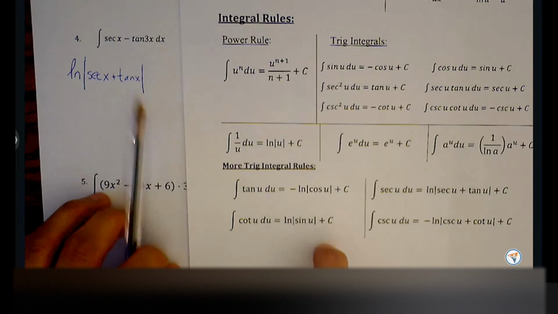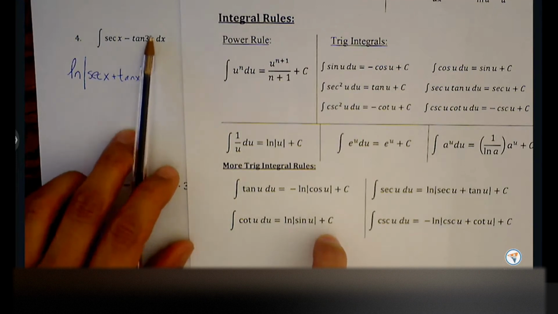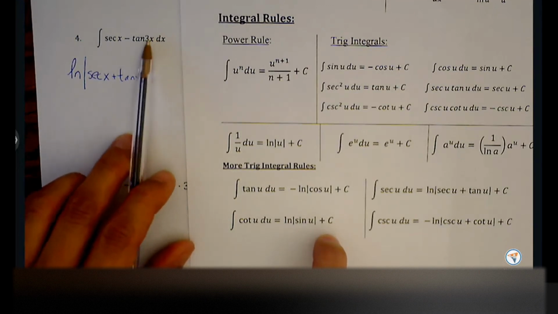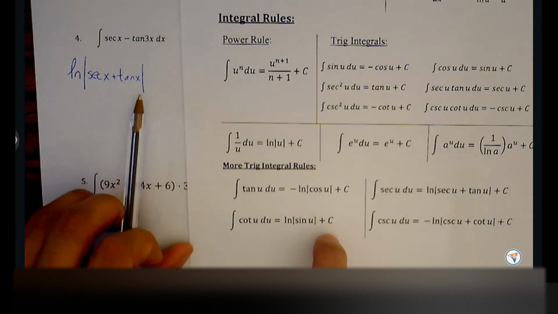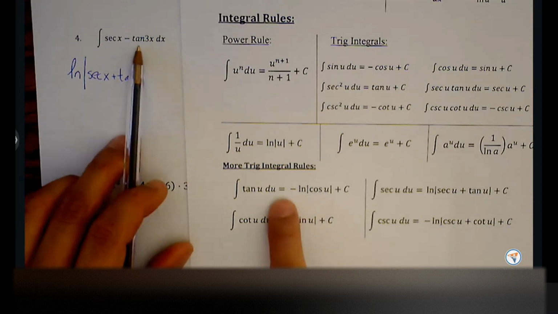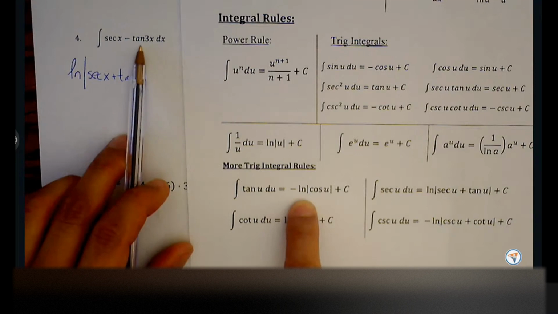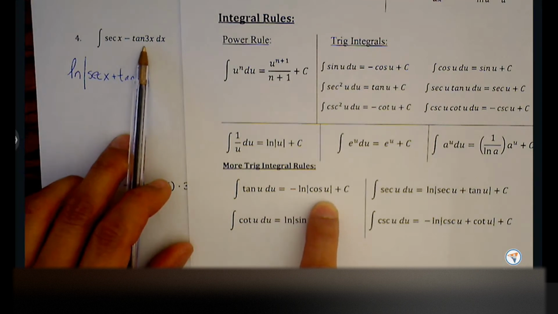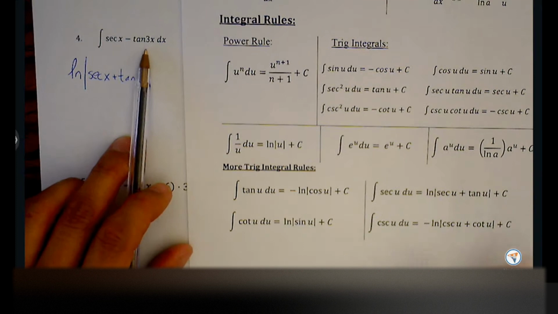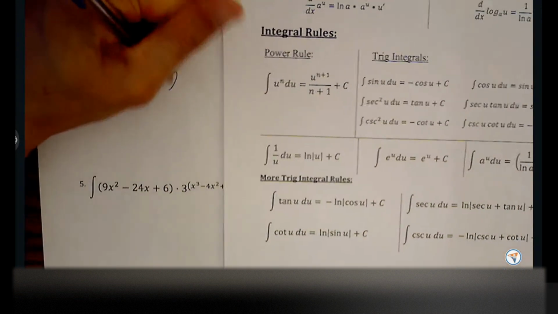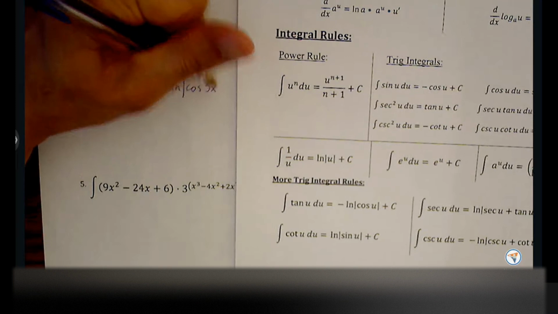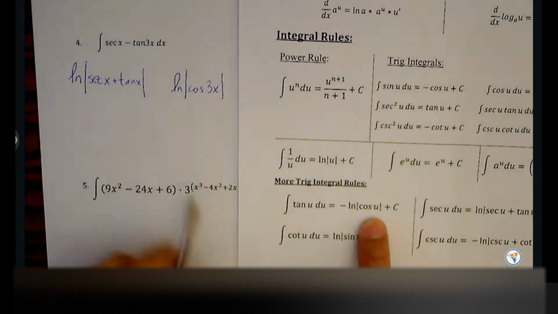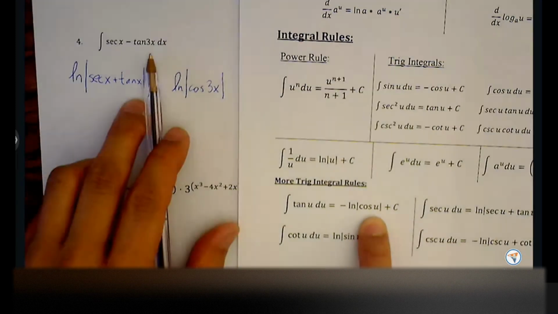Oh, is it the 3? That 3x. Yeah, that 3x tells us there's going to be something in front. But let's just follow the rule here. We'll put natural log cosine of 3x, with the negative in front.